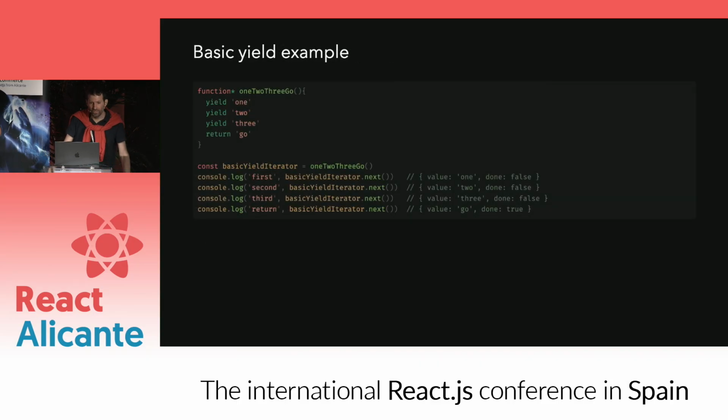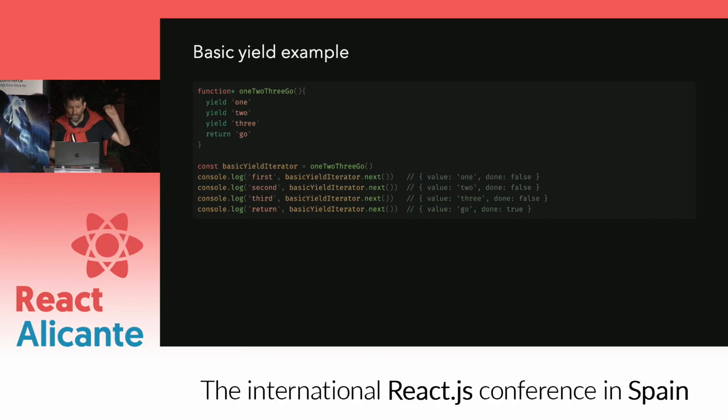So let's see a real generator function in action. This generator function yields 3 strings. When we call the generator function, what happens is that we don't get back the return value of the function, but instead we get back a generator iterator object. Then we can call the next method over that generator iterator object, and that will execute our generator function until it hits a yield instruction.